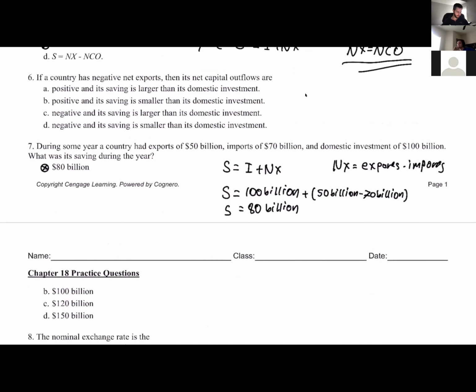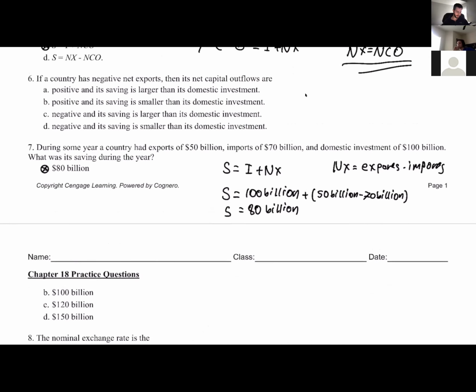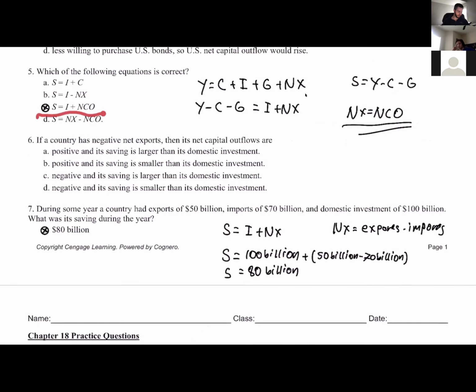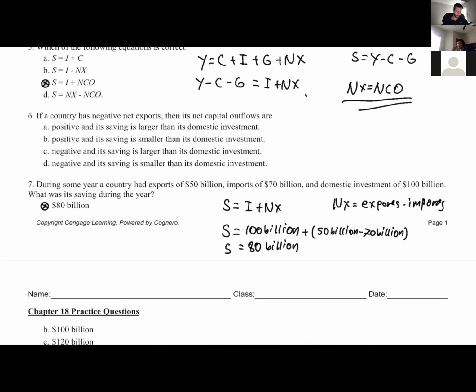For number 7, we're asked during some year a country had exports of 50 billion, imports of 70 billion, and domestic investments of 100 billion. What was saving during the year? Again, S equals I plus NCO. And remember, NCO is nothing but NX. So this is the formula given from the last question.